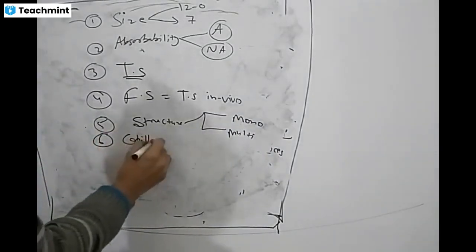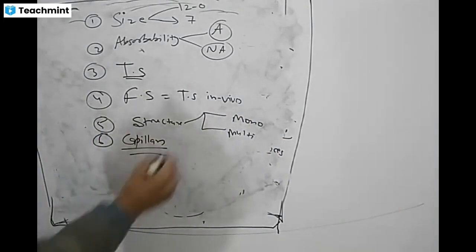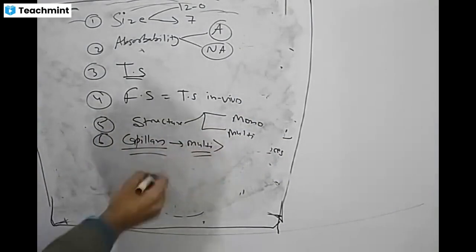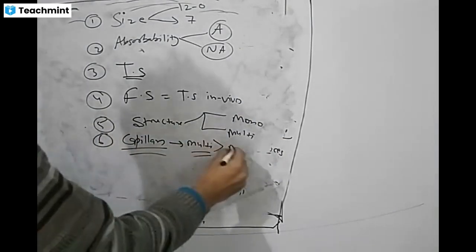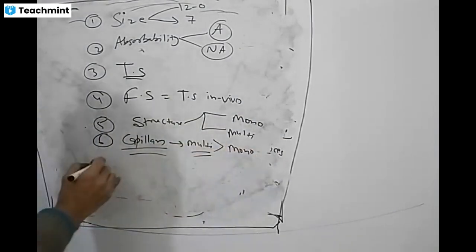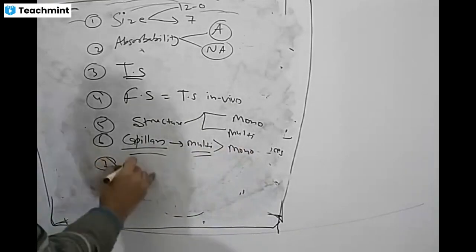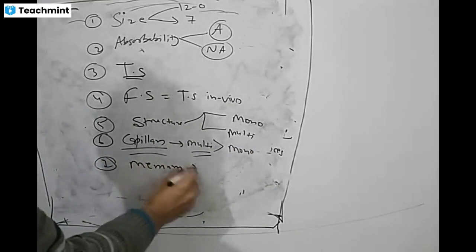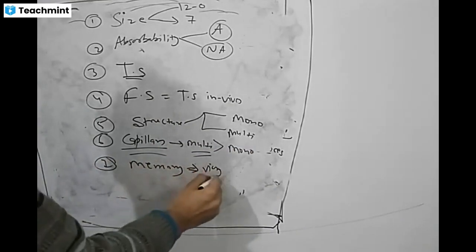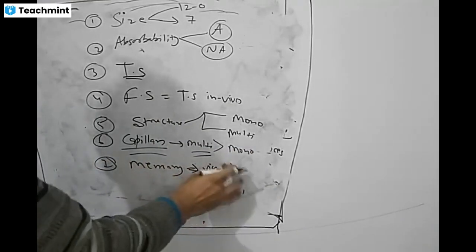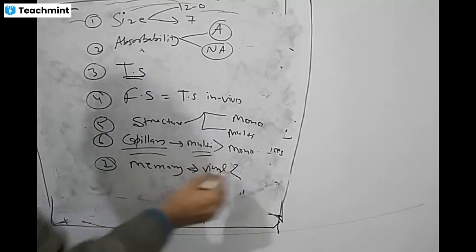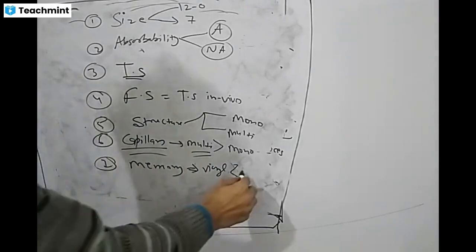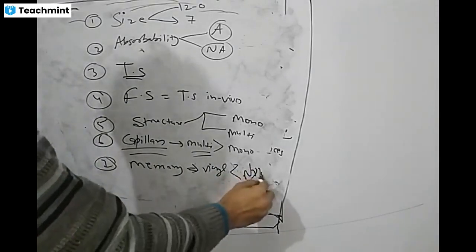The material should be non-capillary, and for this, multifilament has more capillarity as compared to monofilament. And number seven property was memory. In this we have seen that Vicryl has less memory than your nylon.